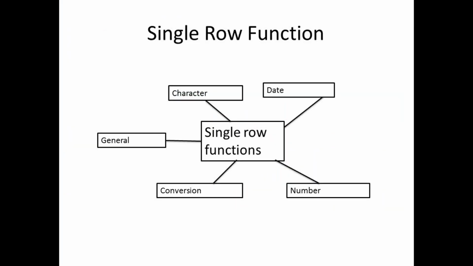Right now we have seen casting functions, that is converting the data. Then there are character type functions, that means functions which support character type of data. Then date type, number type, and general functions. General functions means those functions which support multiple data types, it may be character, number, or date, or basically they deal with null values. So these are the different categories of single row functions that we are going to explore.